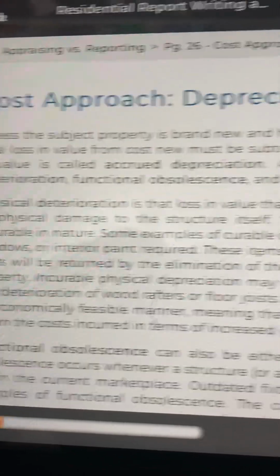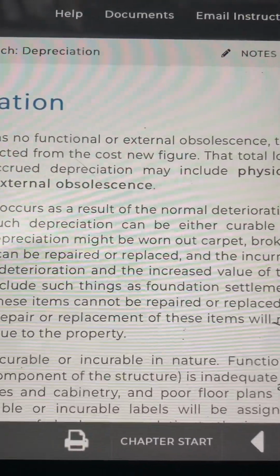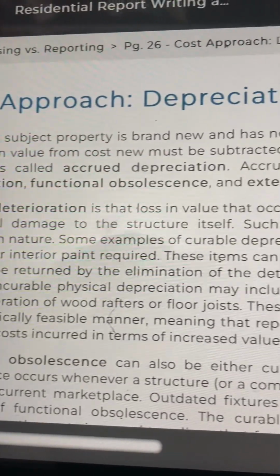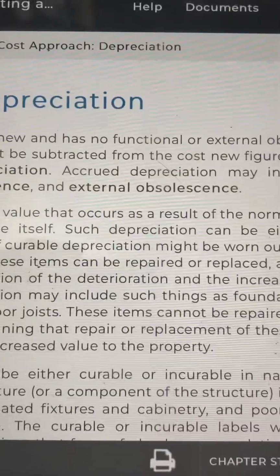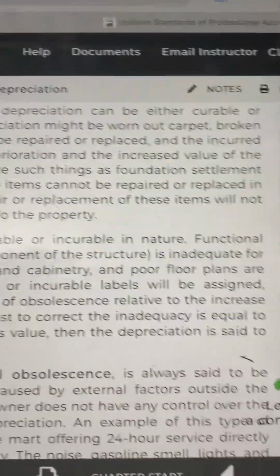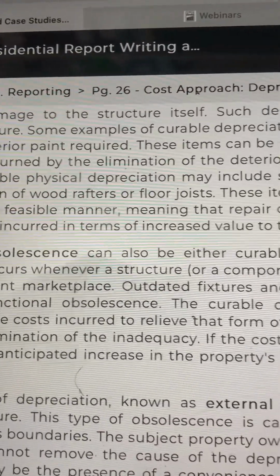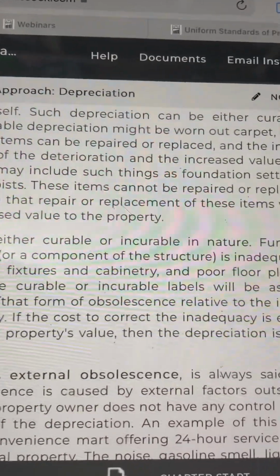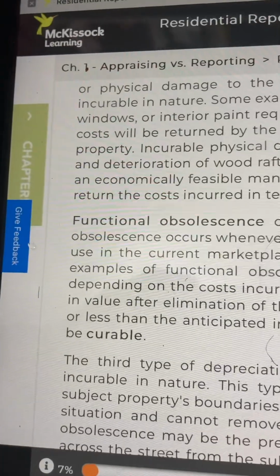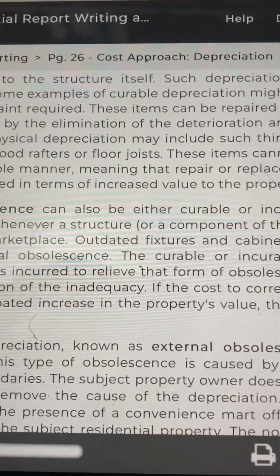Physical deterioration is that loss in value that occurs as a result of the normal deterioration or physical damage to the structure itself. Such depreciation can be either curable or incurable in nature. Some examples of curable depreciation might be worn out carpet, broken windows, or interior paint required.